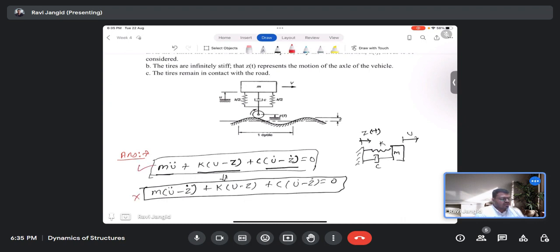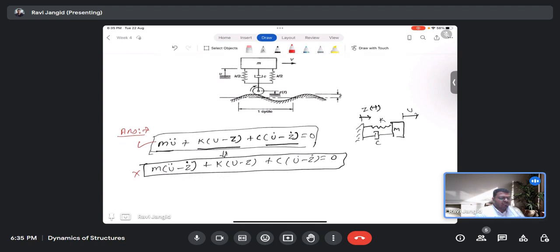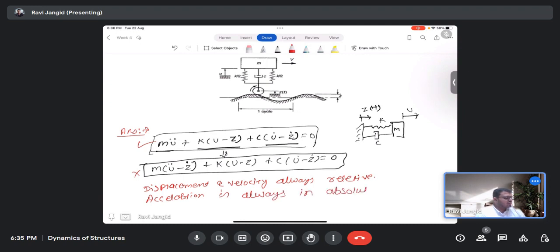And this is not, because my acceleration would always be considered through the absolute, not the relative, and my displacement and velocity are always relative, and my acceleration is always the absolute or total acceleration.